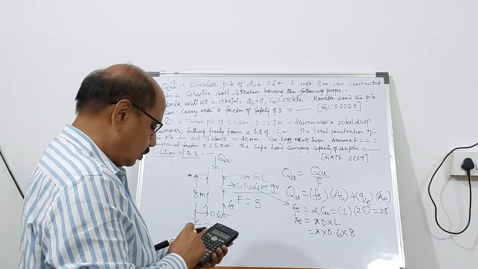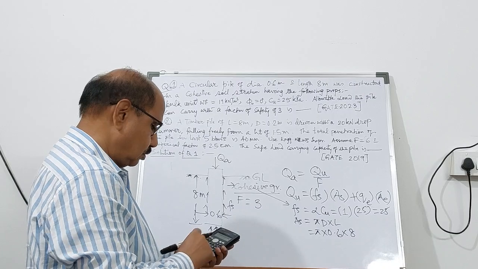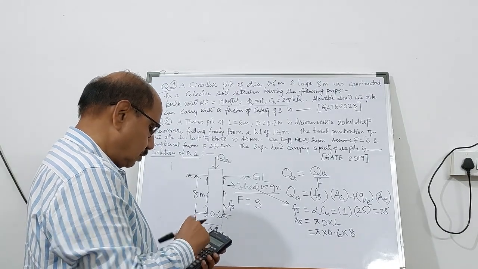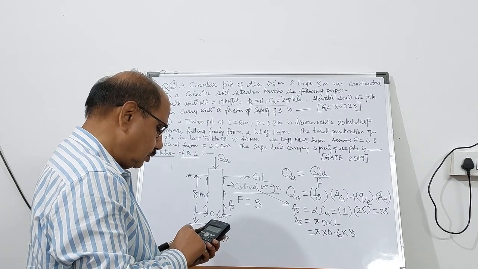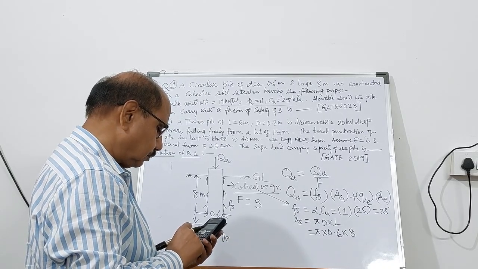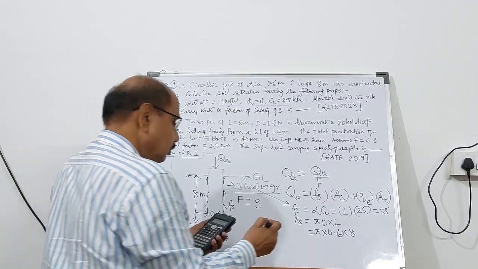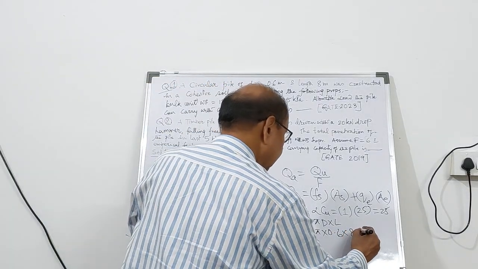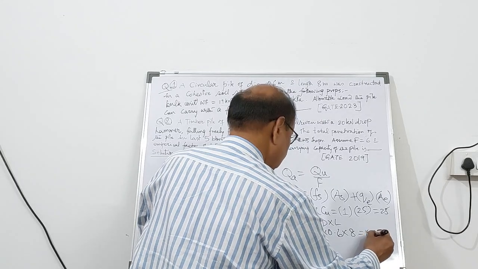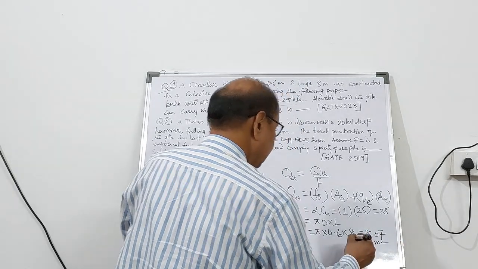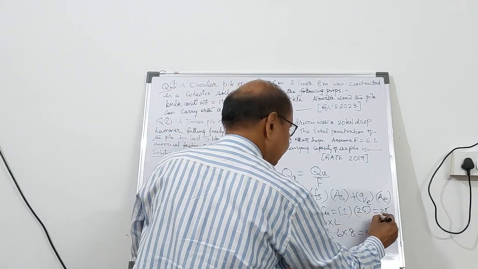The shaft area comes to 15.07 meter square, and Fs is 25 kilopascal.